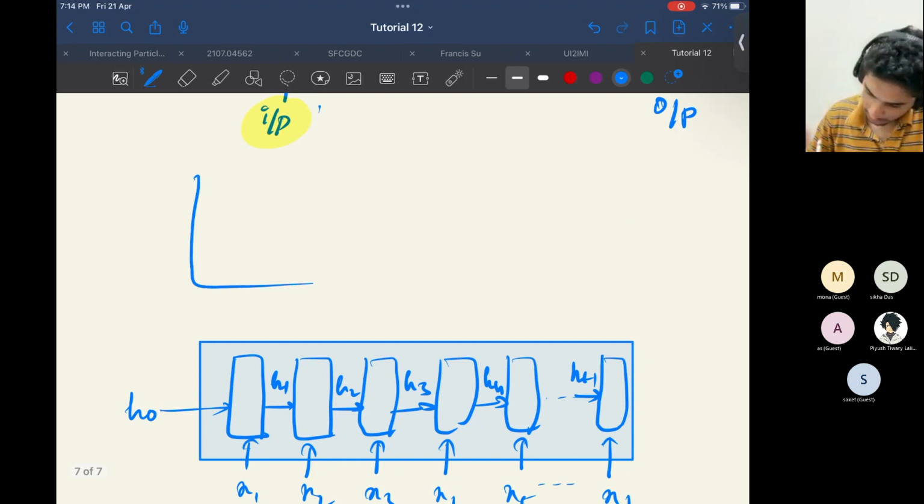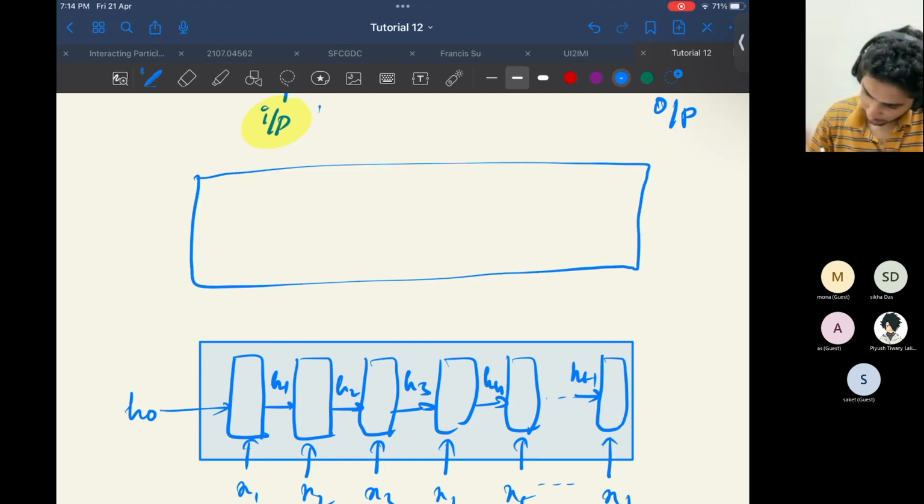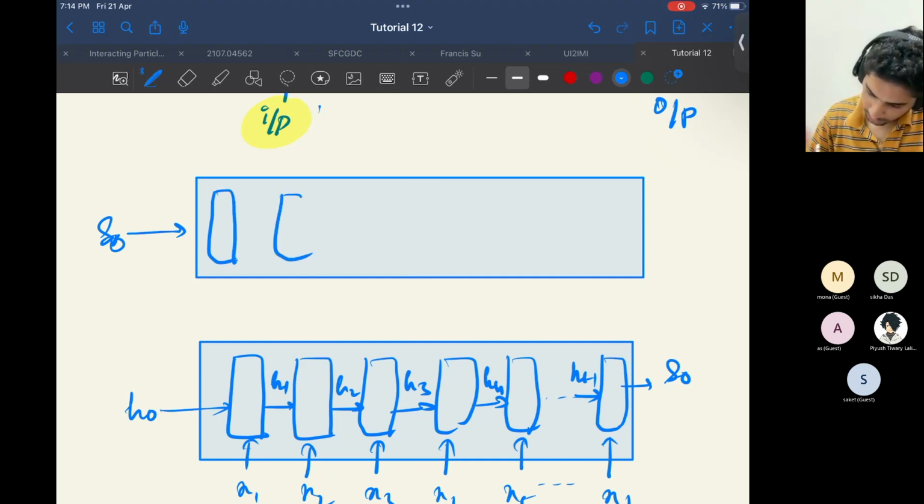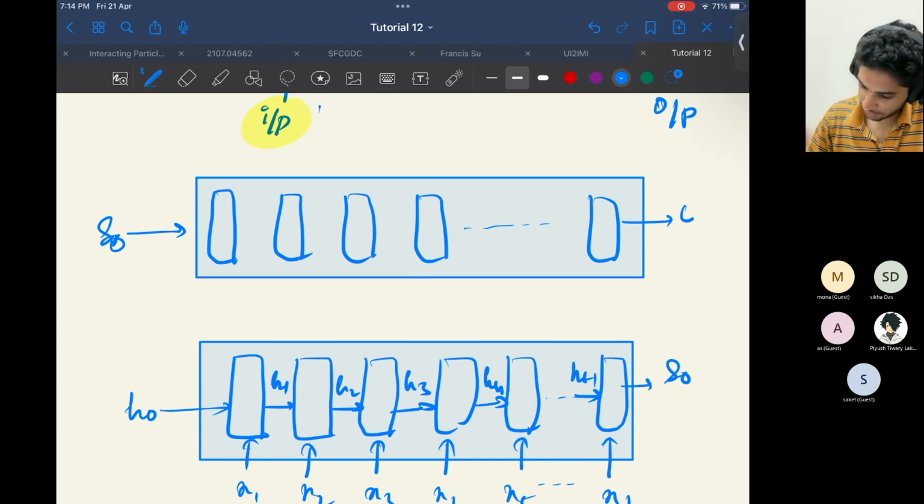And you have a decoder model. This decoder model takes S naught as input, but again the decoder has an RNN kind of structure, something like this, and maybe it will finally give you some output.